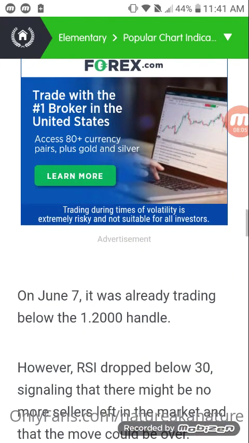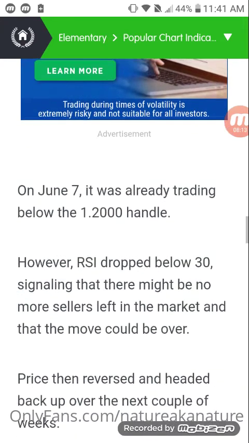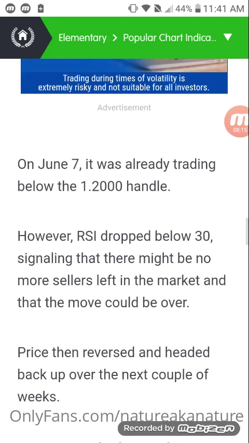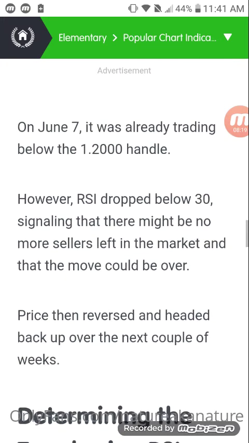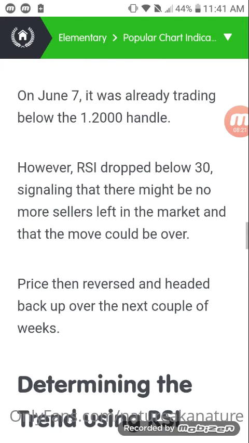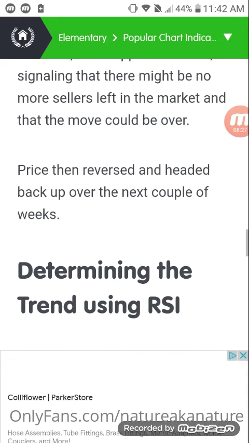On June 7th, it was already trading below the 1.200 handle, however the RSI dropped below the 30 signal. That means there are no more sellers left in the market, and this move could be over. Price then reverses after it drops below the 30 level and heads back up over the next couple of weeks.